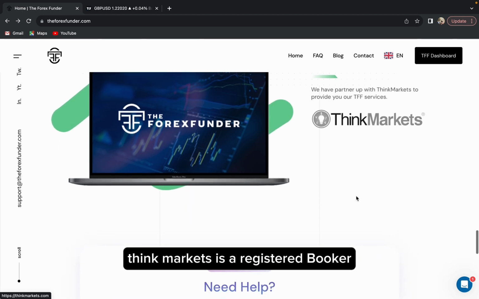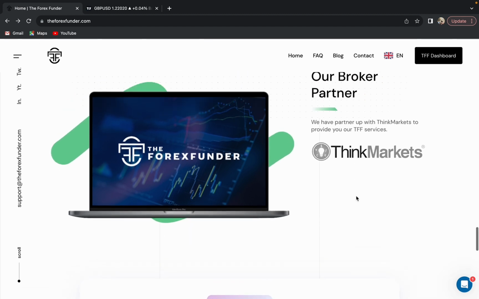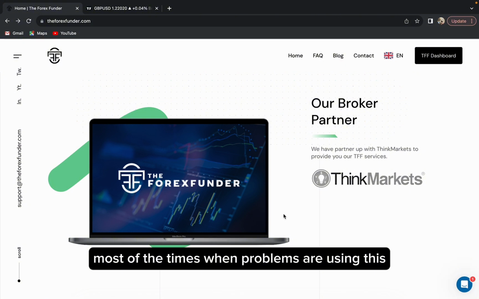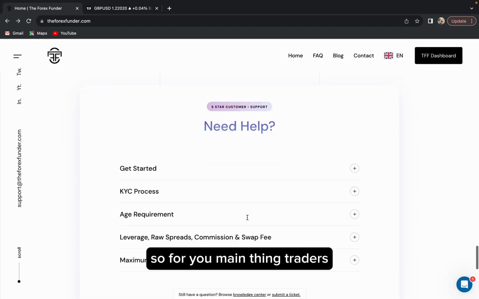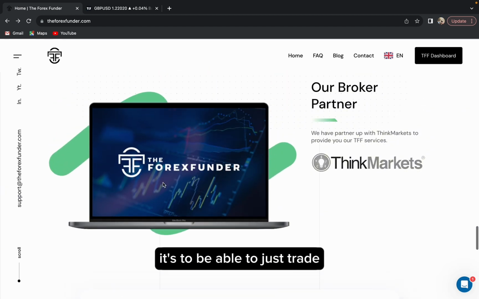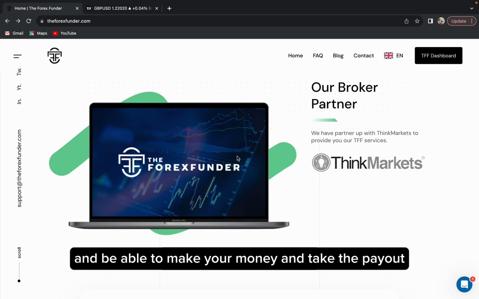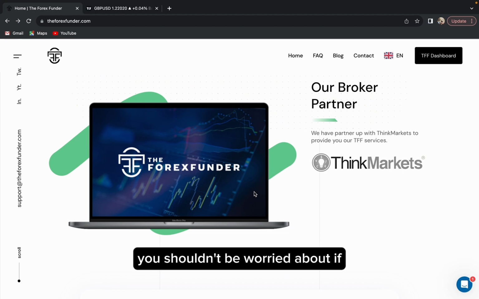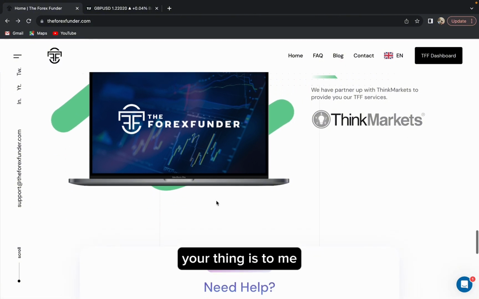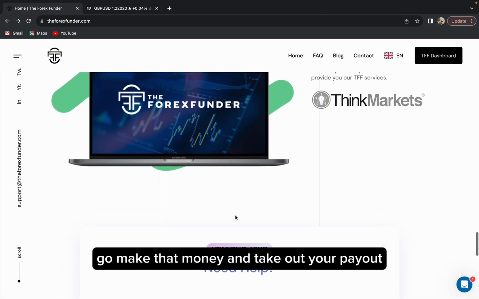Think Markets is a registered broker, and most of the time when prop firms are using their own brokers, it means they have the ability to manipulate the markets. So for you, traders, your main thing is to be able to just trade, make your money and take the payouts. You shouldn't be worried about whether prop firms are registered. Yes, they're using a regulated broker. Your thing is to go make that money and take out your payout.